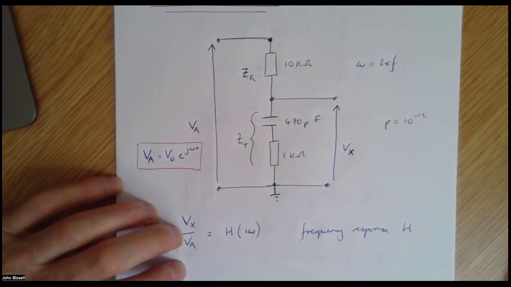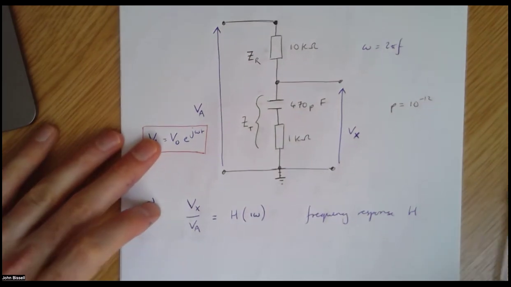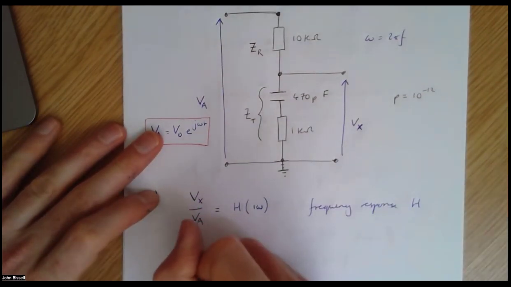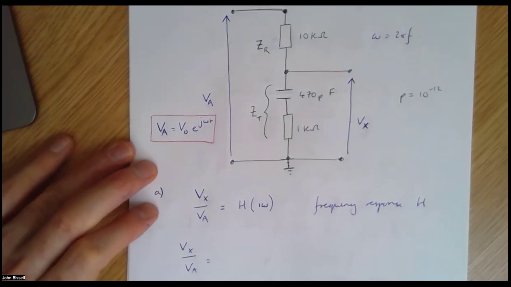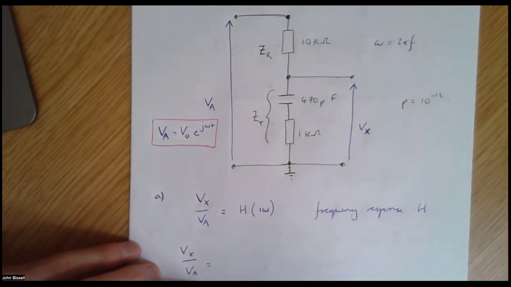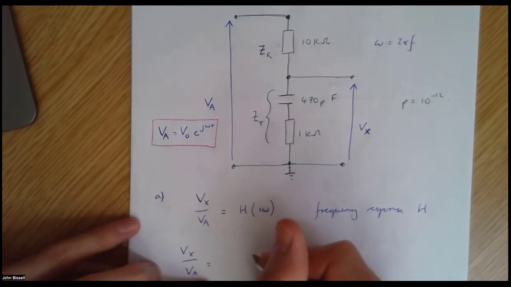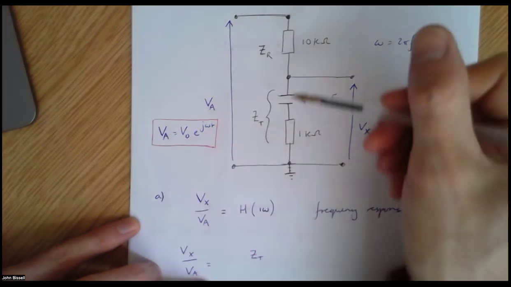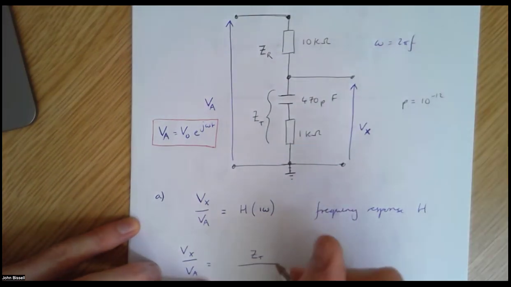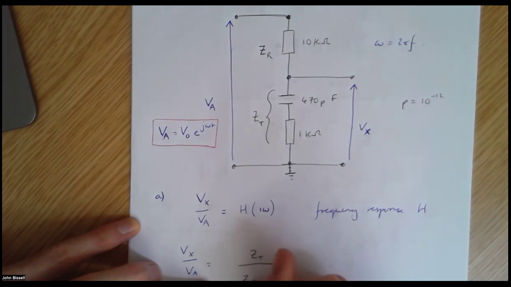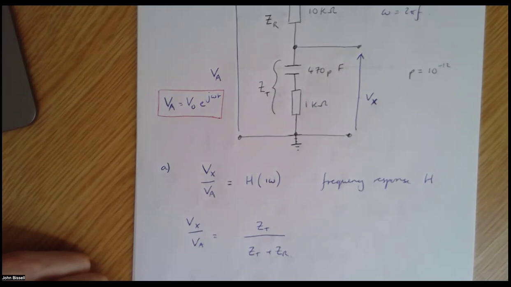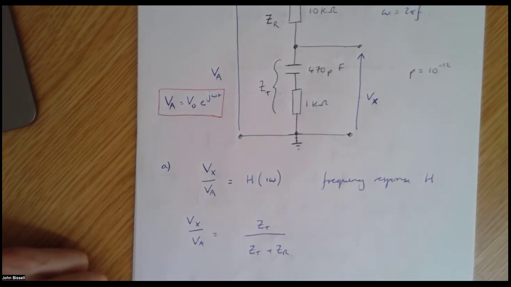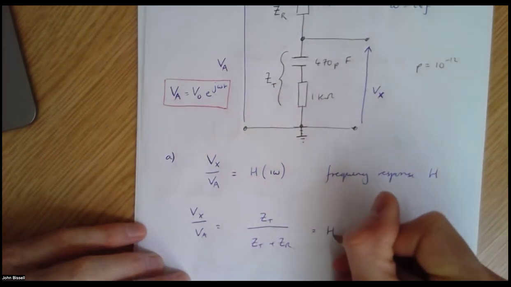Yeah. So we know by our potential divider equation that the ratio of the output voltage Vx to the input voltage Va is going to be this impedance divided by the sum of those two impedances. Okay, happy with that? Yeah. That's our frequency response function.